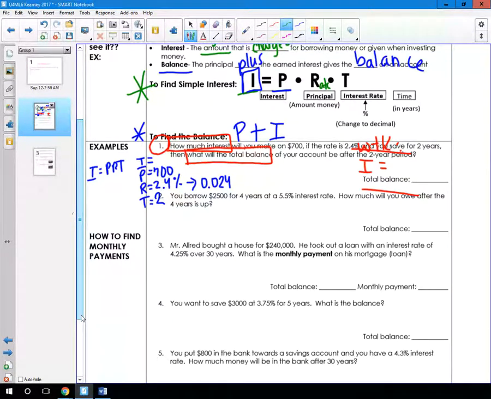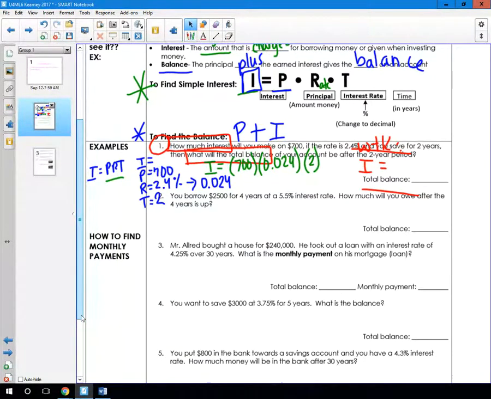So now I can just plug it into my formula and solve for the I. Okay? So my formula we said was I equals P times R times T. So I, we don't know, equals, and my P we said was 700 times the R, which we said was 0.024, times the T, which is 2.